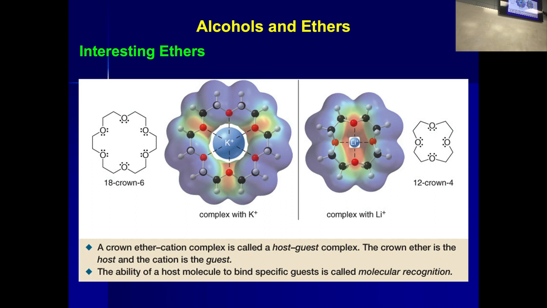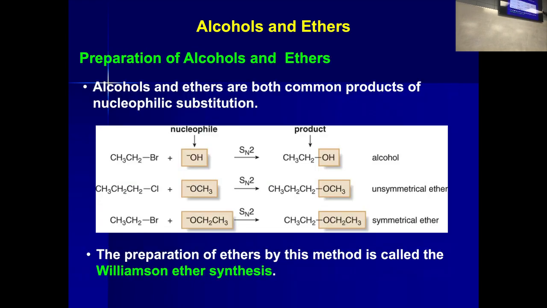We need sources of lithium ions. This is one way in which you can extract these things from natural brine solutions that they get from the ground, and they can harvest these materials. Okay? But they're ethers. It's just a molecule that has more than one ether, right? There's an ether, there's an ether, and so on and so forth. We can prepare alcohols and ethers using SN2 chemistry.